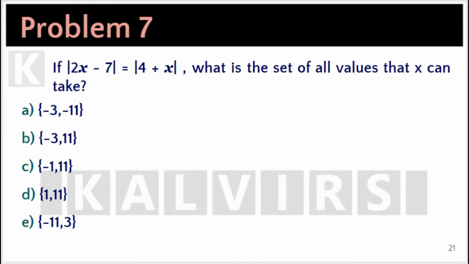If the absolute value of 2 times x minus 7 is equal to the absolute value of 4 plus x, what is the set of all values that x can take?